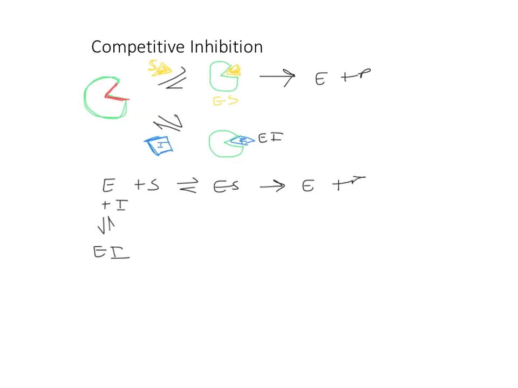Okay, so first of all, a couple hallmarks of this is that S and I, where S is substrate and I is inhibitor, are structurally similar.